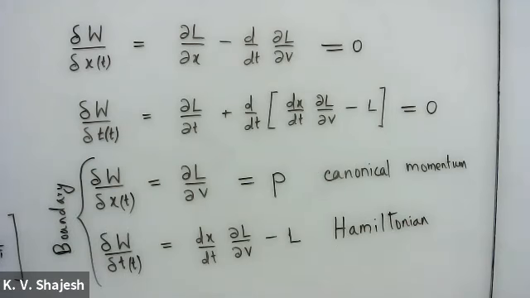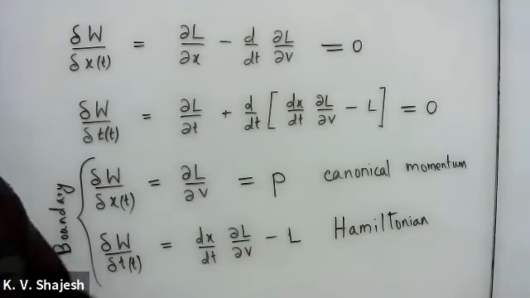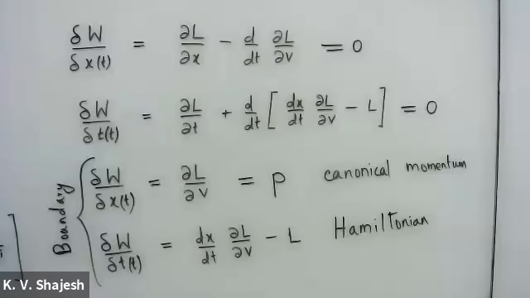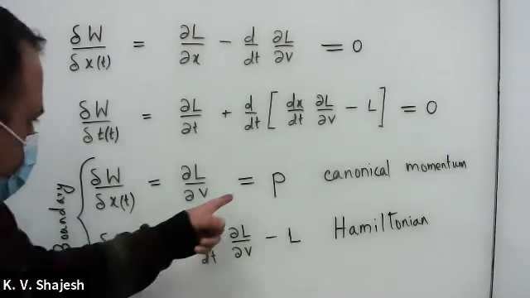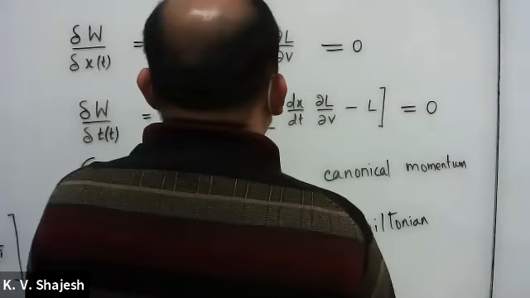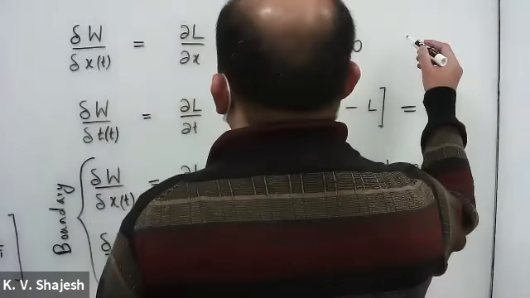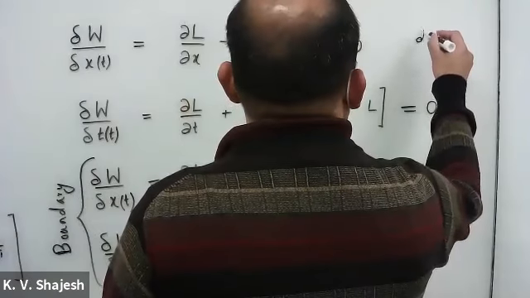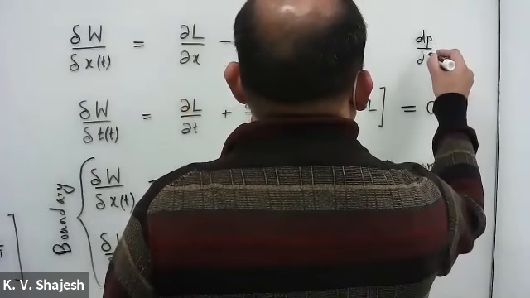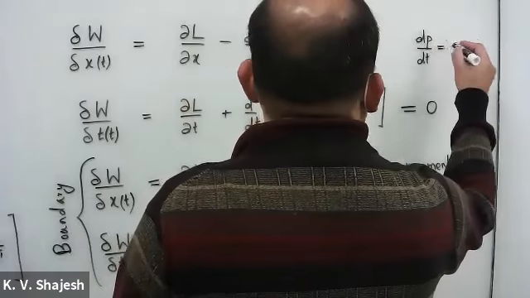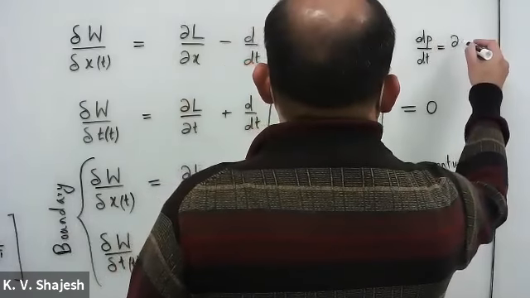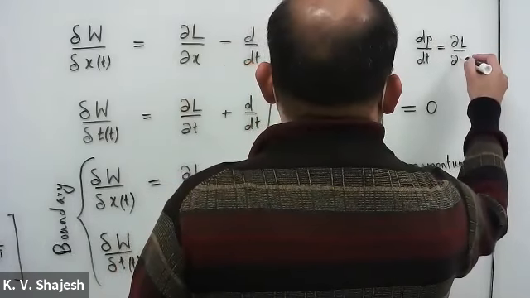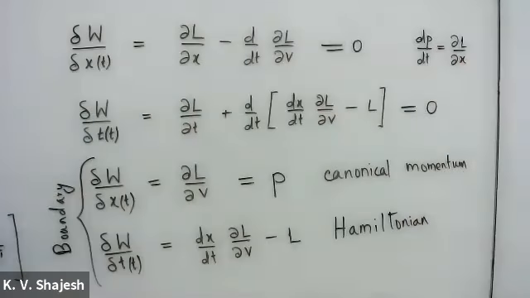And let me go back and write, this is the same. Actually I can do one more thing here. Now that I have defined these quantities, I can rewrite this equation as dp by dt, which is a force, is equal to dL by dx, right? That's your Euler-Lagrange equation.